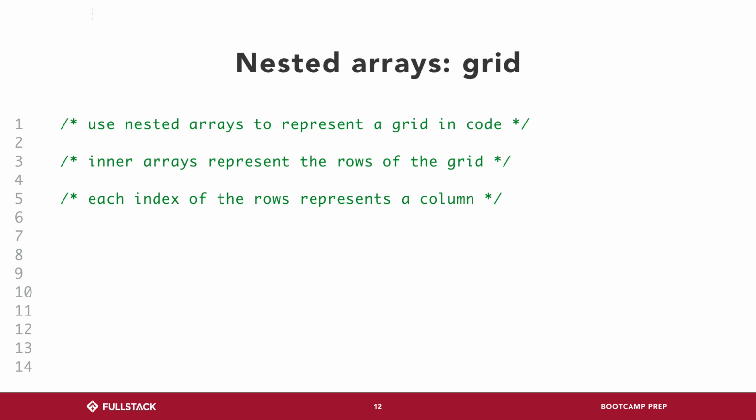You can think of a nested array as a grid, or like an Excel spreadsheet that has an X and Y coordinate, so these could be rows, and then these could be columns. So it can represent a matrix. And this could be a cell in your Excel spreadsheet.